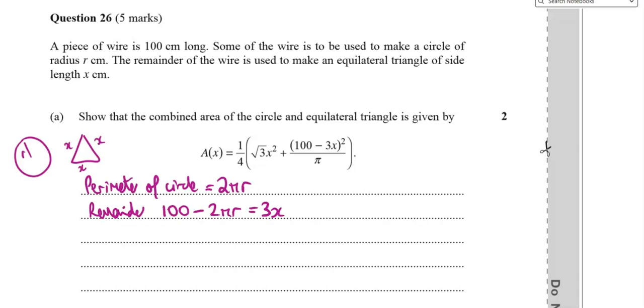So let's go ahead and eliminate that r. So 100 minus 3x equals 2 pi r. r equals (100 minus 3x) all over 2 pi.